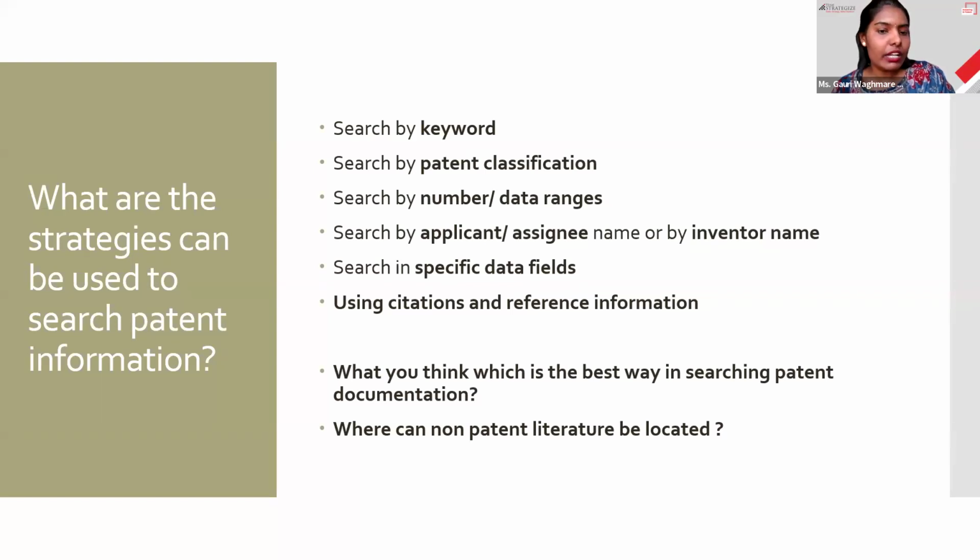Suppose a patent is granted and you have its number, then you can use that as a keyword. Also, applicant and assignee names or inventor names can be keywords. Also, specific data fields like citation or reference information can be used as keywords to strategize the patent search information.